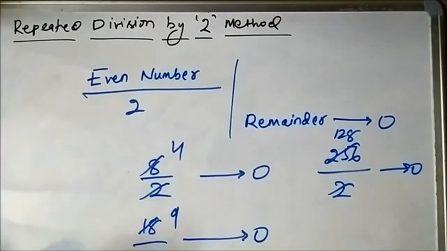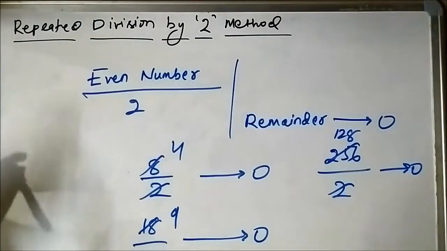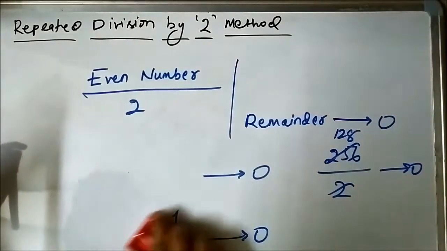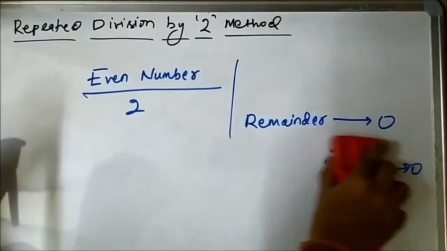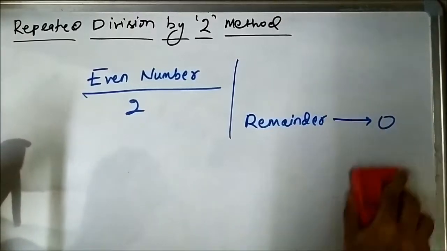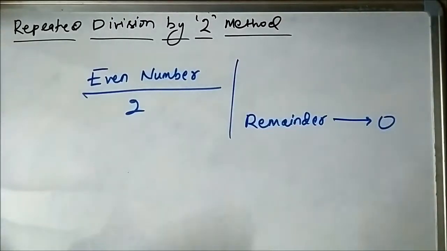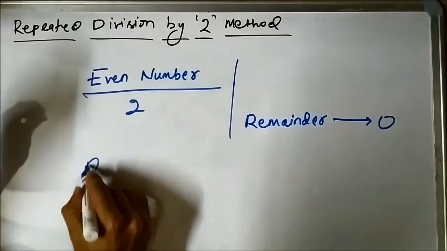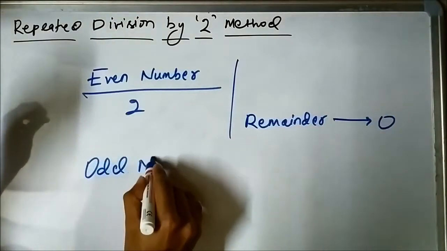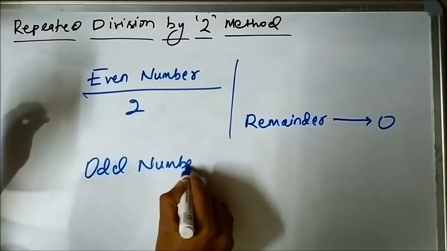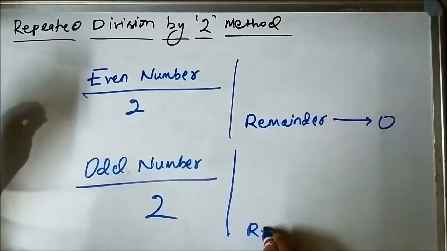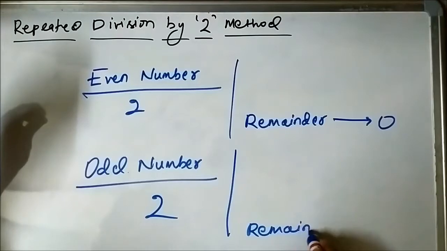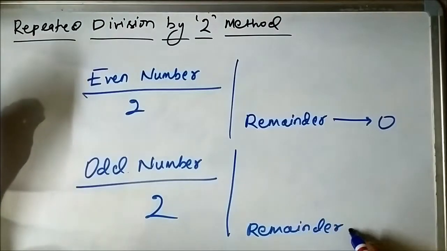The remainder is always 0 when an even number is divided by 2. But when an odd number is divided by 2, the remainder is 1.